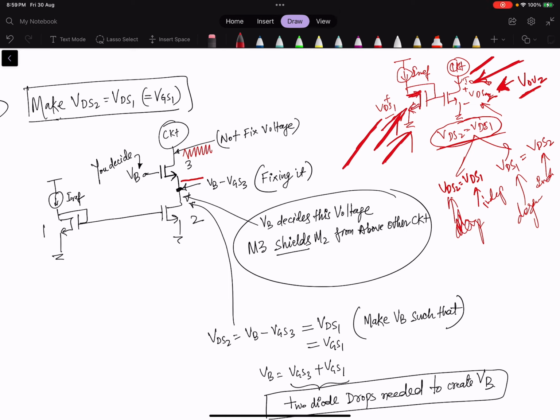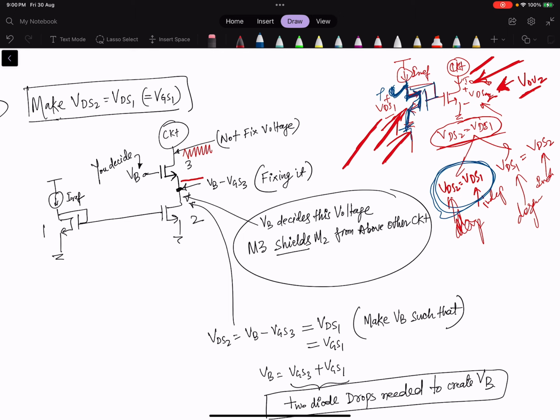So one method is this: we will make VDS2 equal to VDS1. That is, this voltage we will not touch, and the circuit will remain as it is.